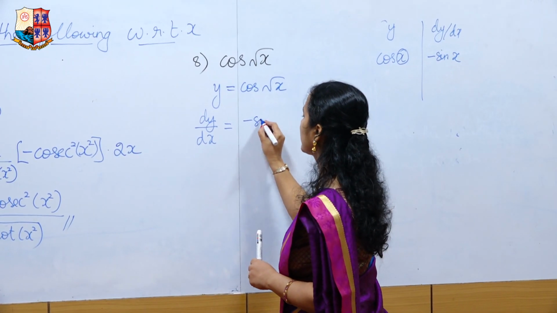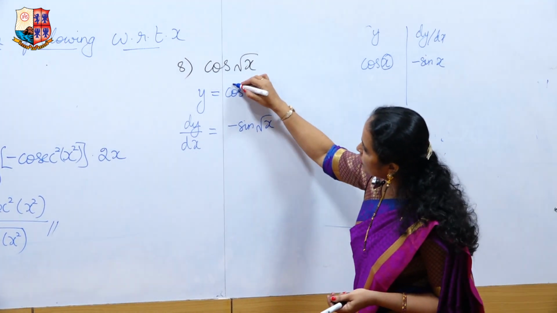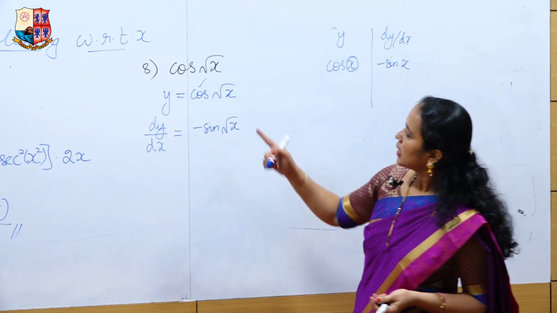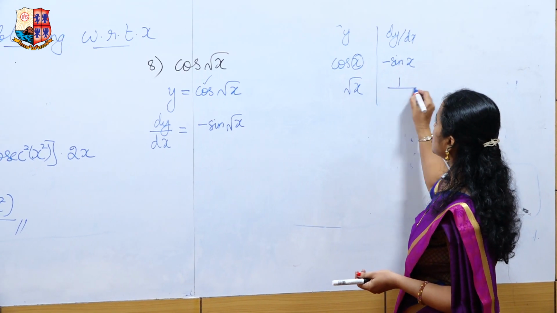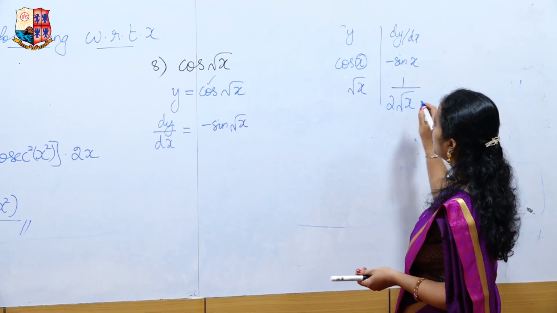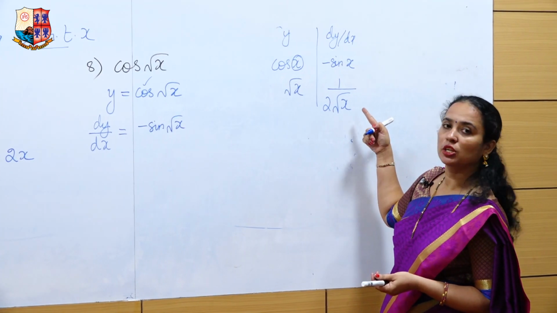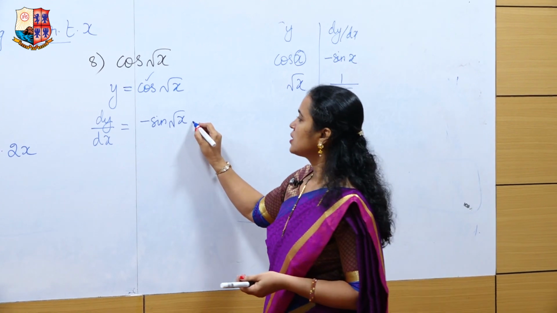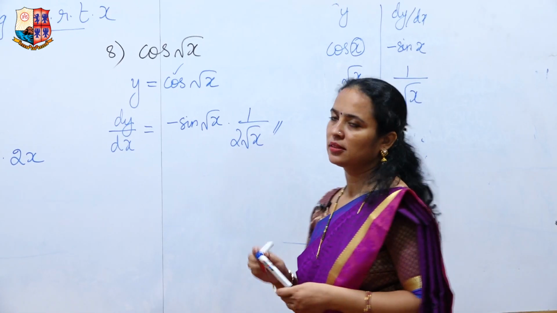So here you will write minus sine of root x. So done with the cos function. Next you have root x. Root x, when you differentiate, by now you will be thorough with this function. Root x, when you differentiate, you get 1 by 2 root x. So into 1 by 2 root x. That's it. This is your answer.